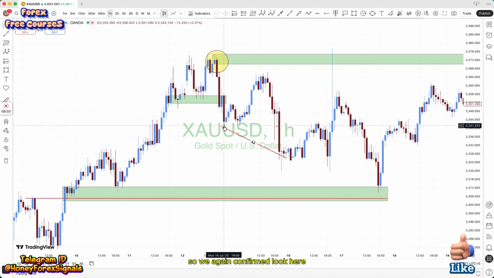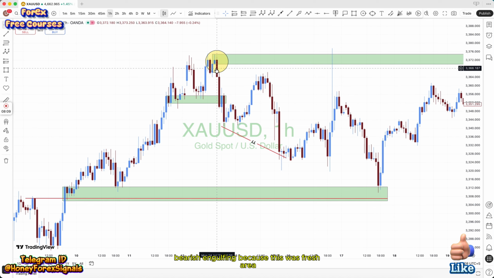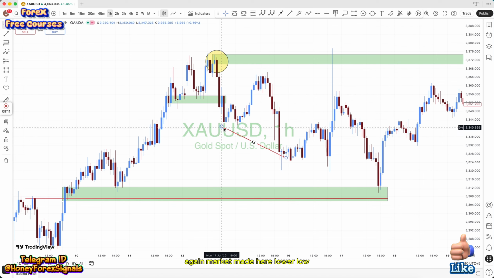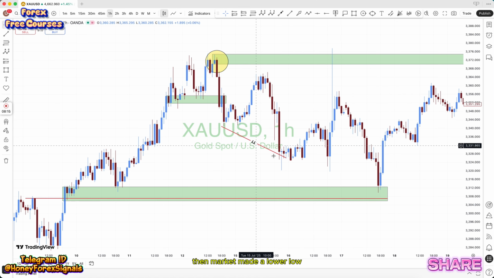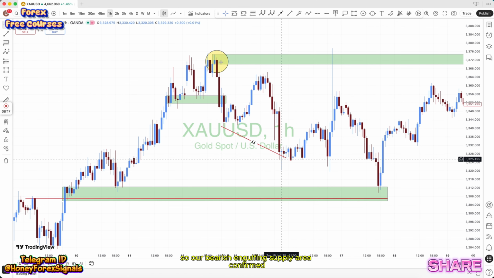So we again confirm, look here. The market did not retest. Bearish engulfing, because this was a fresh area. Again the market made a lower low here. So our bearish engulfing supply area is confirmed.